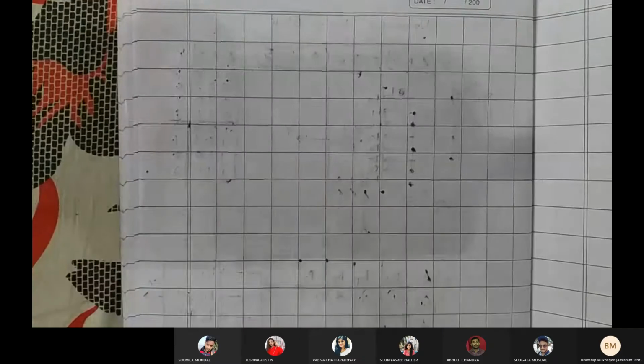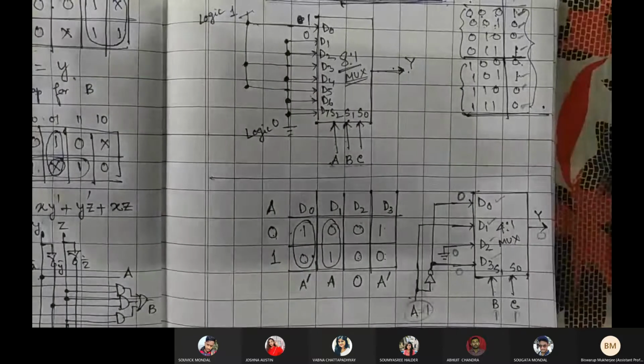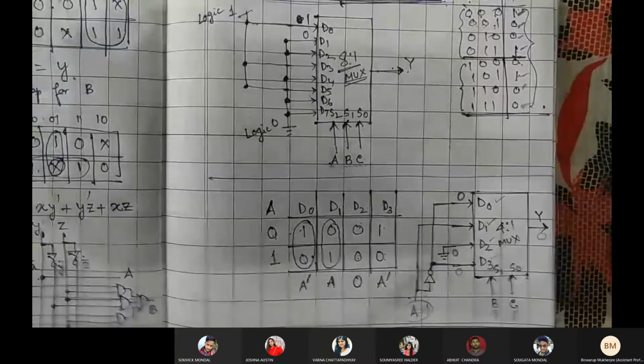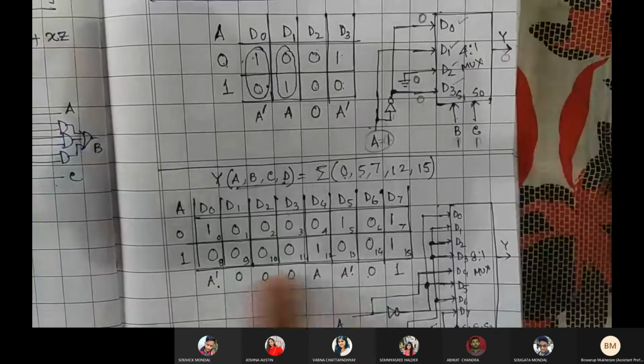Fine. So we can move to the next part. Should I provide any further example of how we can make a circuit using a multiplexer? We'll be discussing that again when we go for the full adder or half adder design.